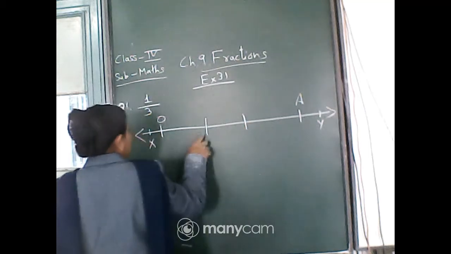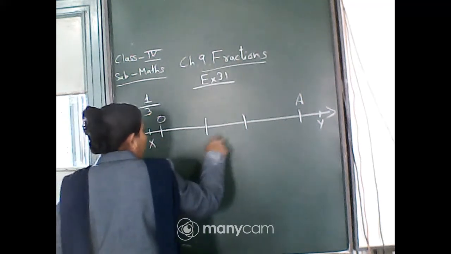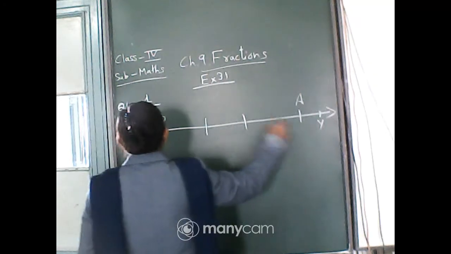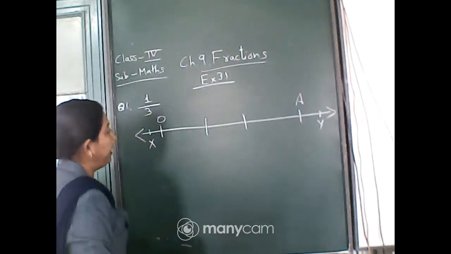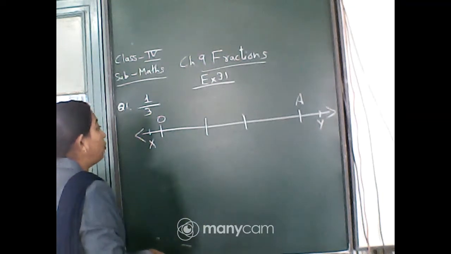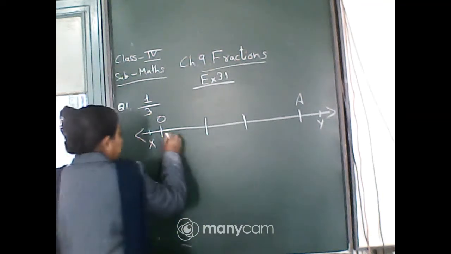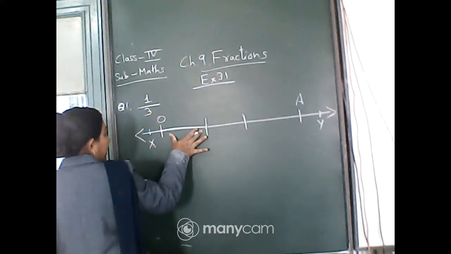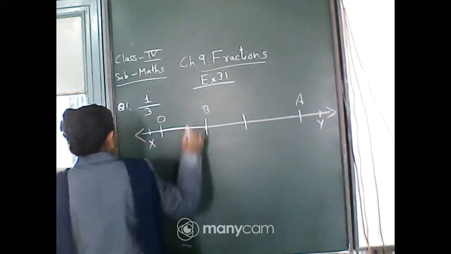This is 0, 1, 2 and 3. The one unit I have divided into 3 parts, and from these 3 parts I have to represent 1 by 3. That means this line is 1 by 3.